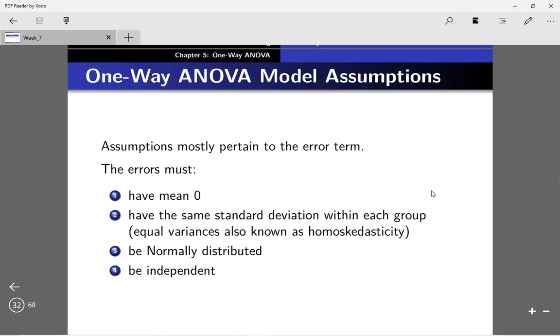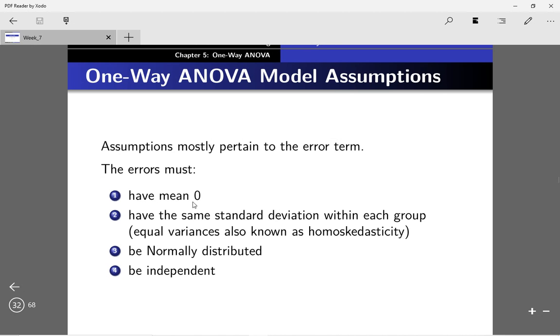So just like multiple linear regression, we have certain assumptions or conditions that must be met in order for our model to be valid. And these assumptions are quite similar to regression, which again has to do with them being equivalent, like the results are going to be implying the same thing. And again, just like regression, these assumptions pertain to the error term.